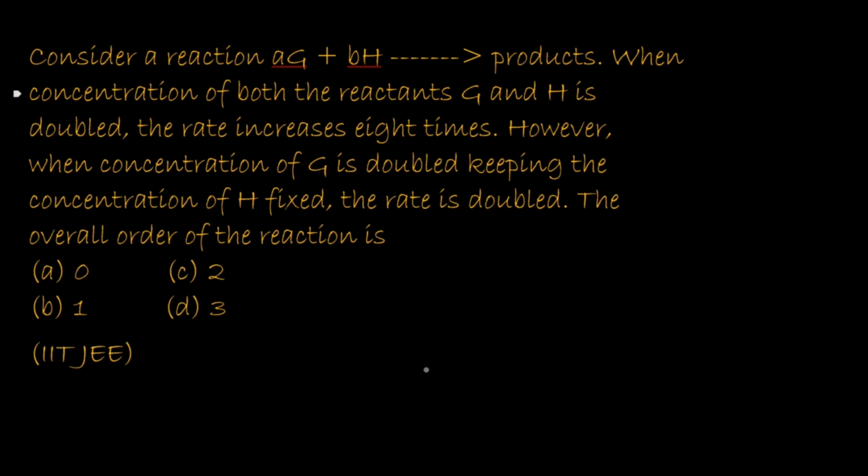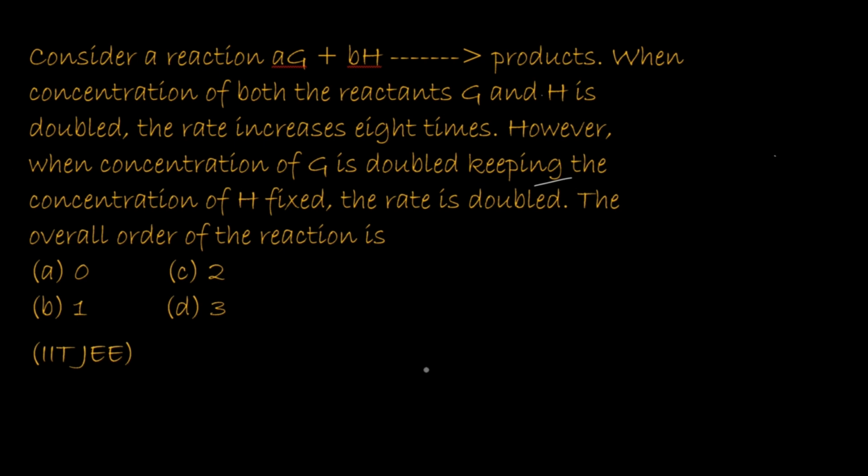Let's consider this question. G plus H gives the product. When the concentration of both reactants G and H is doubled, the rate increases 8 times. However, when the concentration of G is doubled, keeping the concentration of H fixed, the rate is doubled. The overall order of the reaction is? We know the order is the sum of the powers of the concentrations of the reactants.